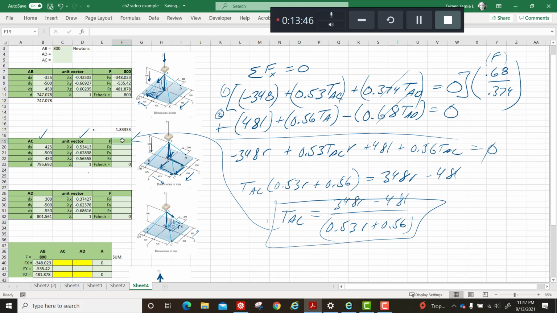So here we go. I'm going to say equals, and I'm not going to type in 348. I'm going to make sure the sign is negative here. So, okay, negative of this 348 times the ratio, if I can keep this, minus the 481.